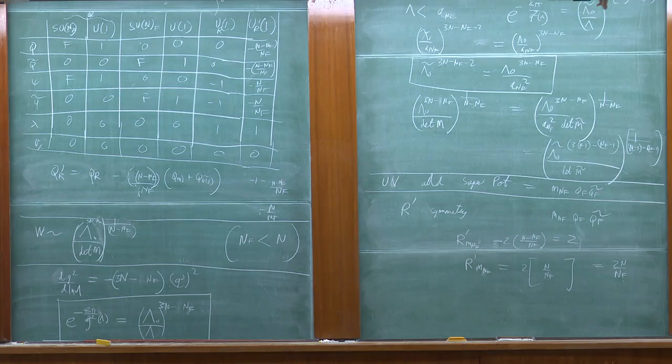If I wanted to think of it that way, I should turn on general MIJ. That's why I don't want to think of it this way. Later in the lecture, we might think that way. It's all equivalent. But I'm just willing to break SU(NF) down to SU(NF minus 1), but I want to preserve the R prime symmetry. Now look.